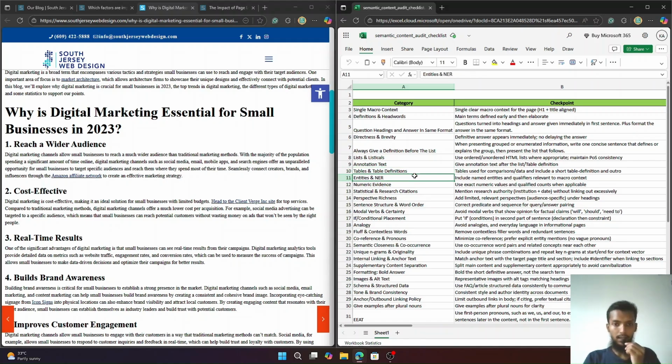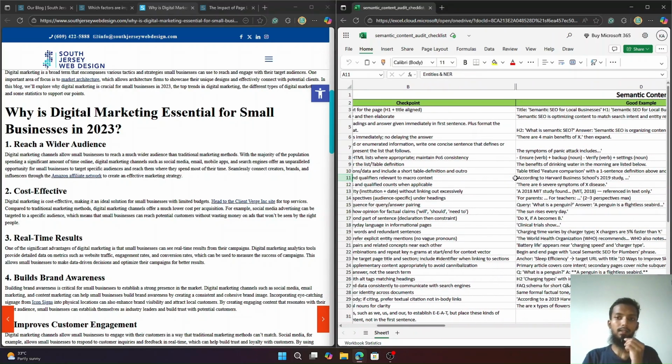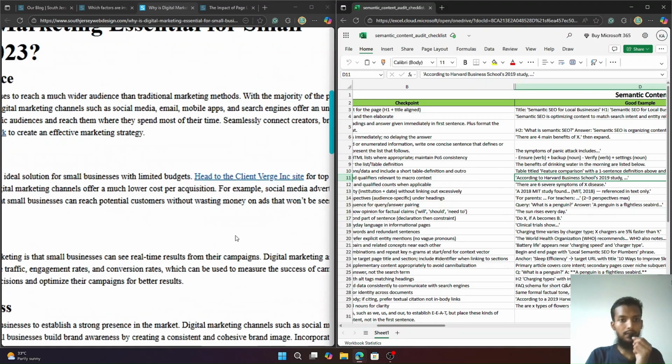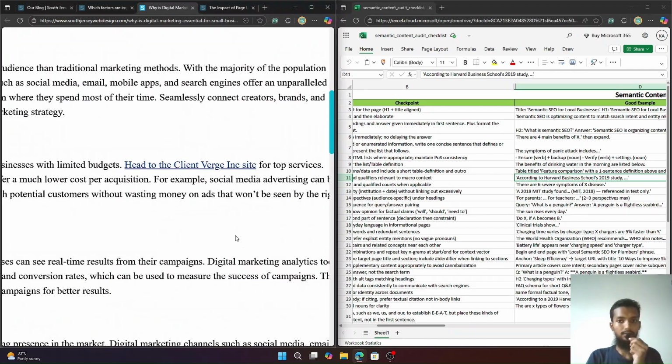Next, the entities and NER, include named entities. This is like putting data, and whenever you are putting in data, you mention the name of that entity where you are getting the data from. Here I think they put a named entity recognition thing, like entity head of the client Verge Inc. site.